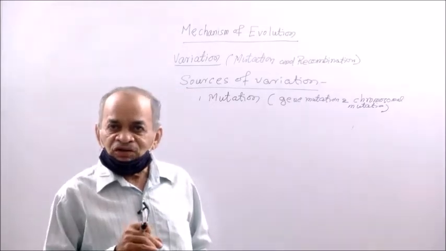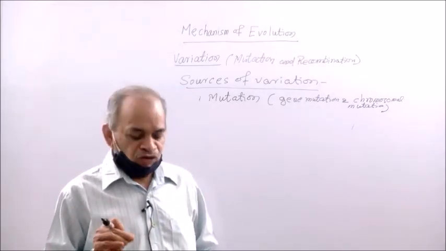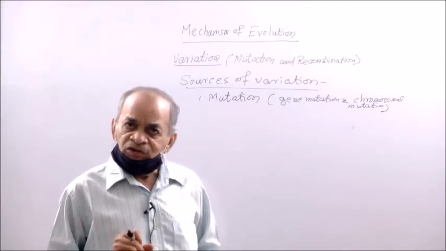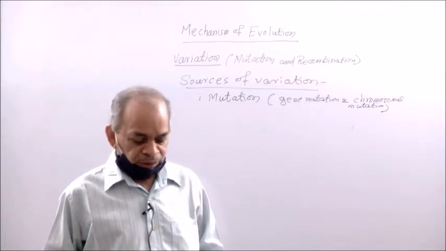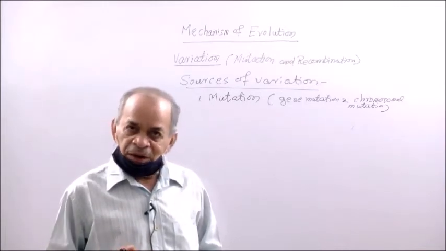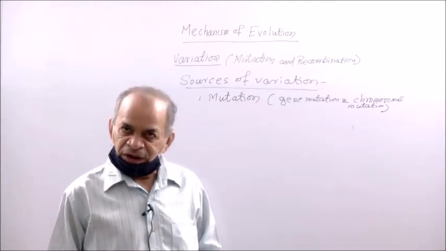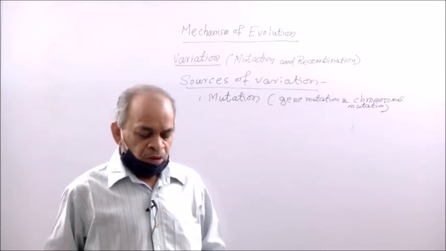So mutations in somatic cells are non-genetic. Mutations occurring in the germline cells are called germinal mutation, which is heritable through the gametes to the progeny.